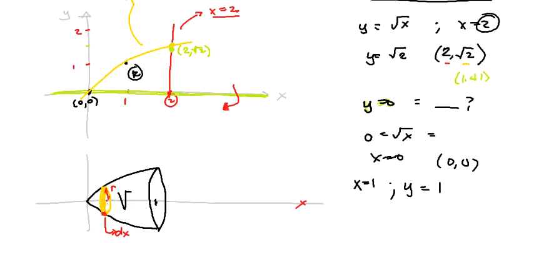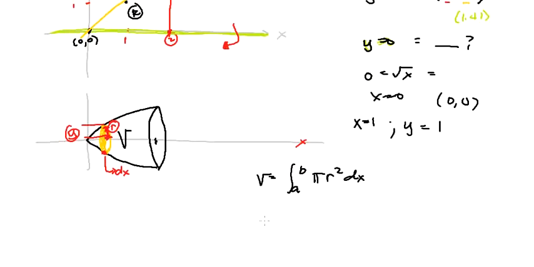If this r here is our y, this length here is our y. So we have V is equal to the integral of pi r squared dx.